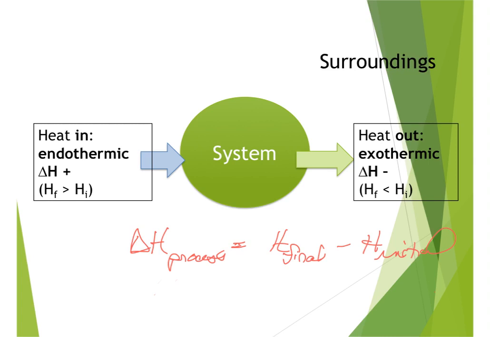So if the final is greater than the initial, you're going to end up with a positive value, and that means, for delta H, that means endothermic. If the final is less than the initial, you're going to end up with a negative value for delta H, and that means it's an exothermic process.